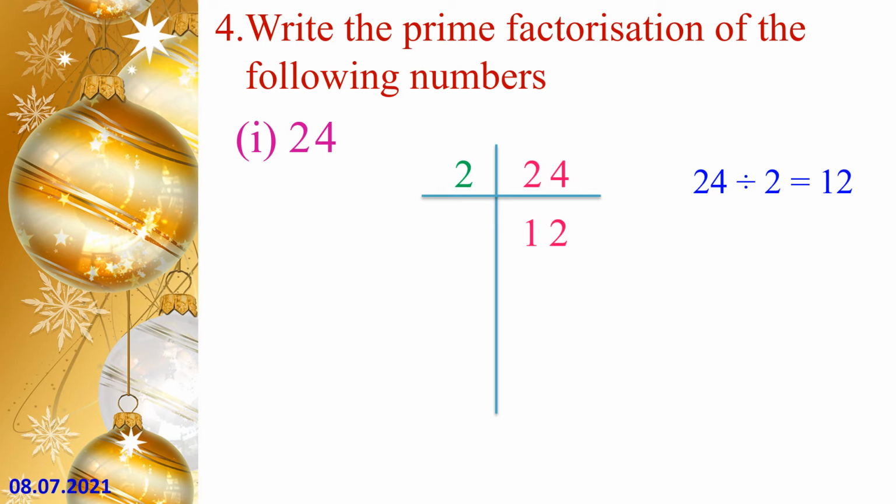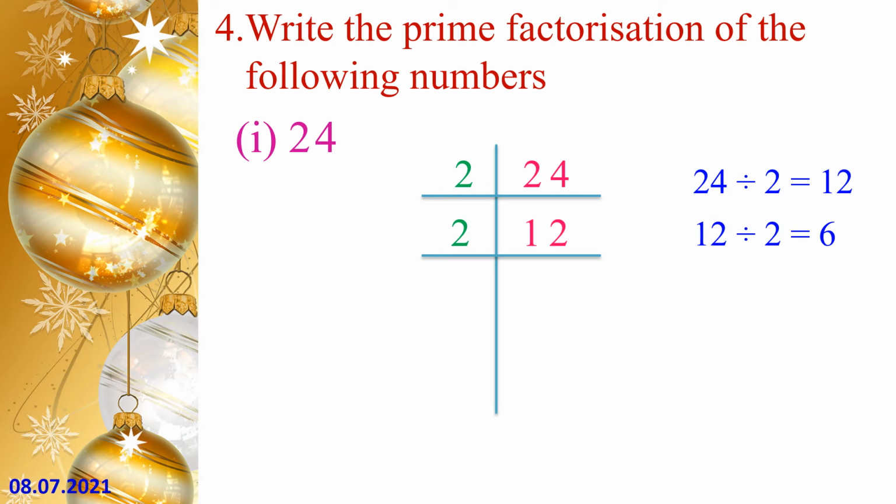Now 12 is the dividend. Let us find the divisor. 12 is an even number, so 12 is divisible by 2. Now we write 2 to the left of 12. 12 divided by 2, we get 6.